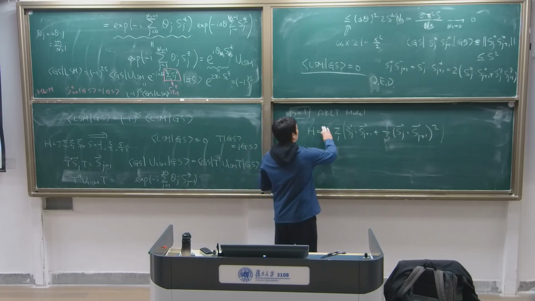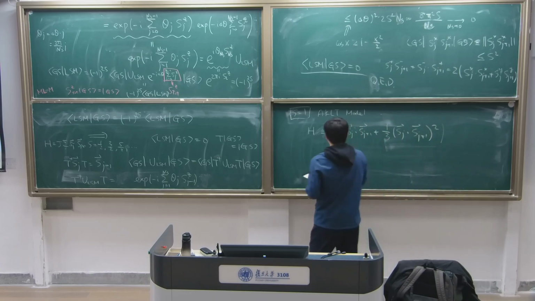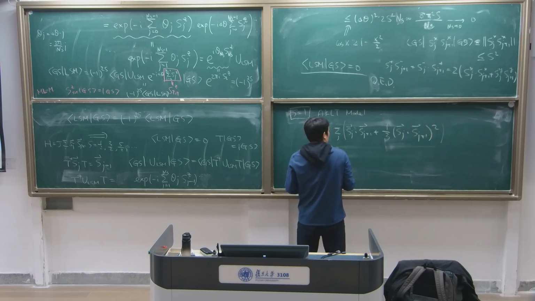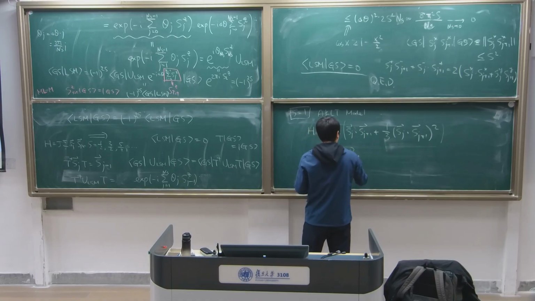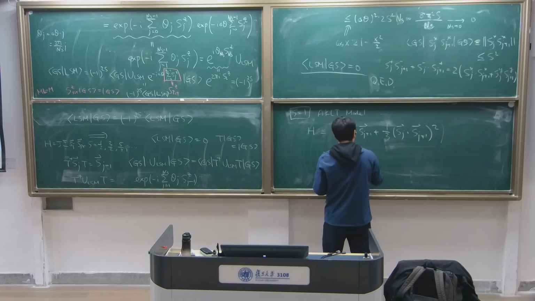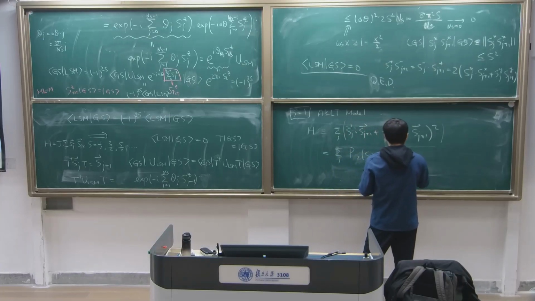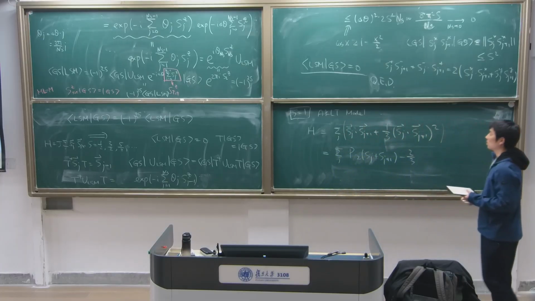From now on I will set J equal to 1. One can show that this is equal to the sum over J of the projector onto S_J plus S_{J+1} equal to 2, minus 2. So one can show it like this.